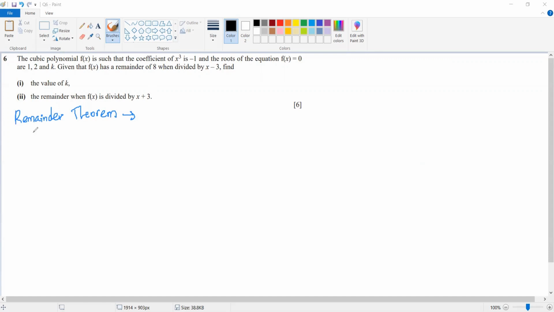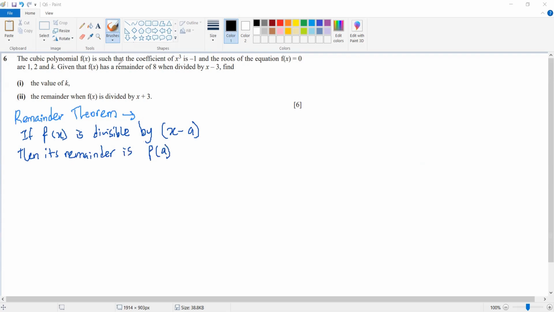So the remainder theorem basically states that if we think of it as a polynomial f(x) or p(x), normally p(x), if p(x) is divided by the linear factor x minus a, then its remainder is p(a).